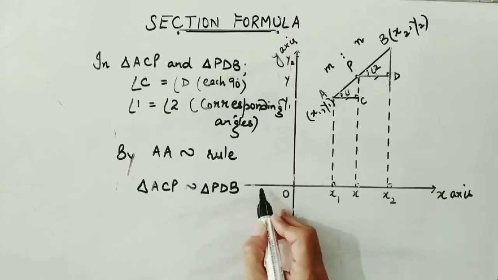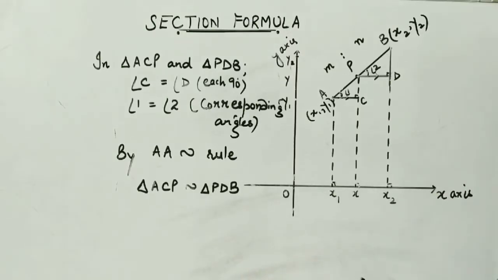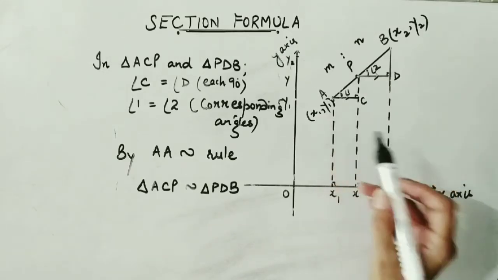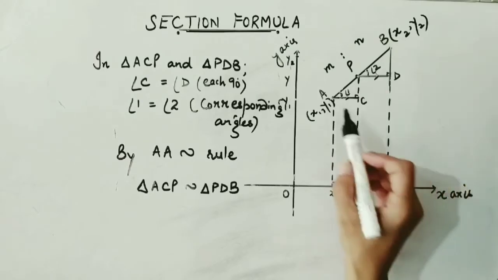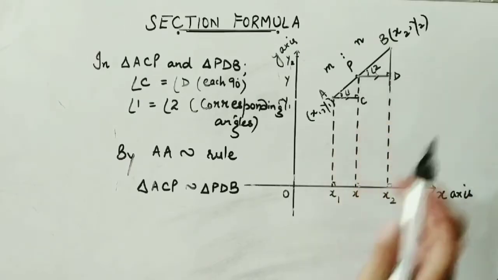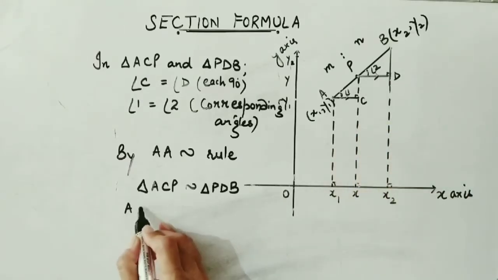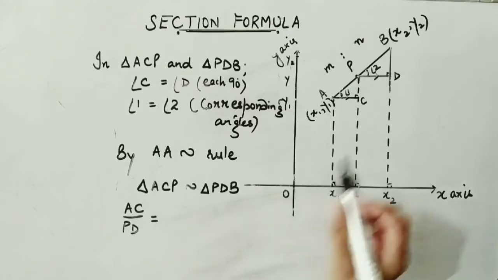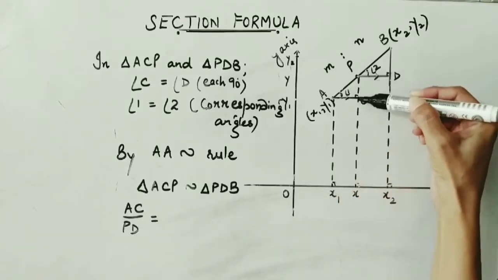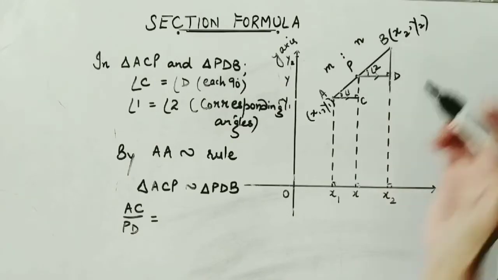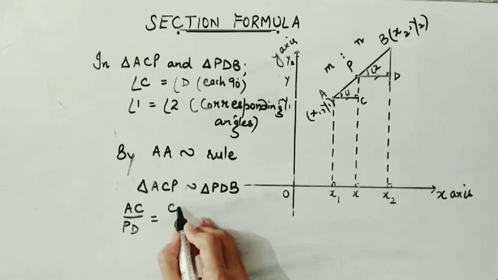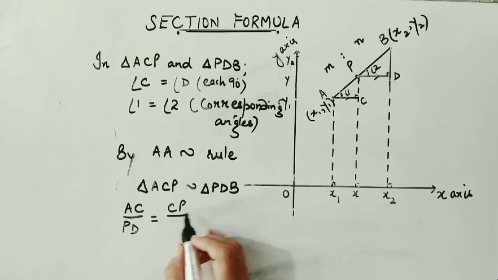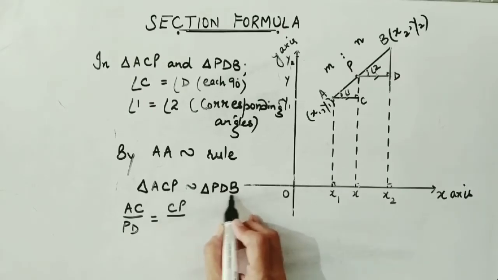PDB. And you know, once triangles are similar, we can say the sides are in the same ratio. Which sides? AC upon PD will be equal to PC upon BD. PC or CP, one and the same thing, upon DB.